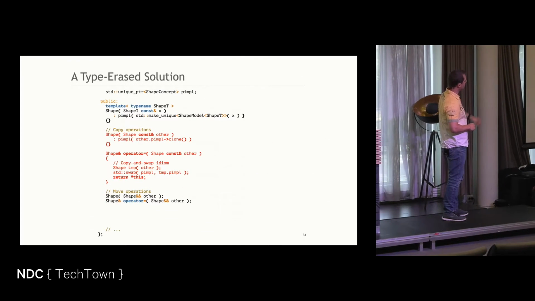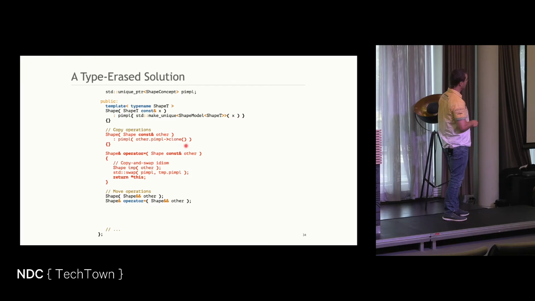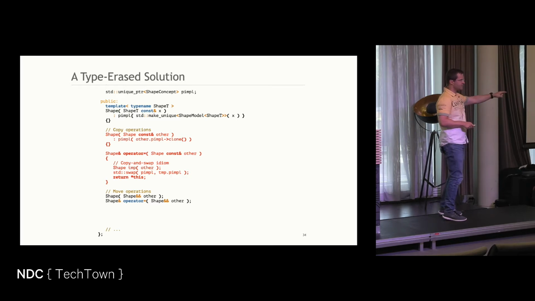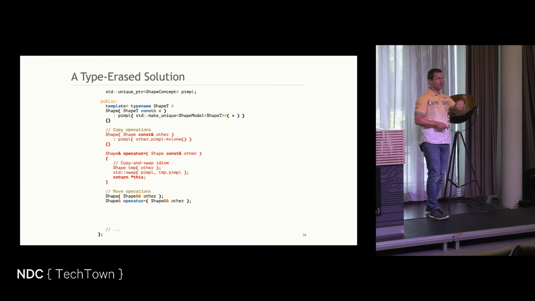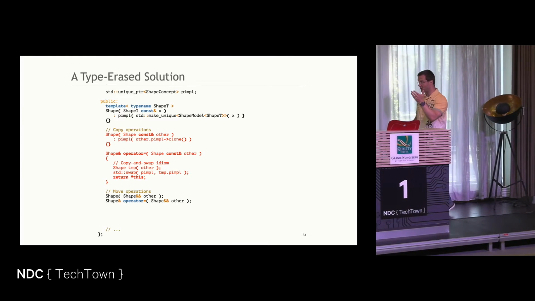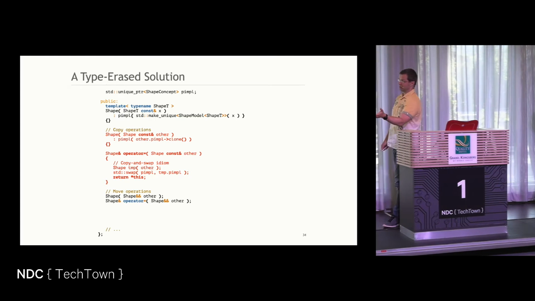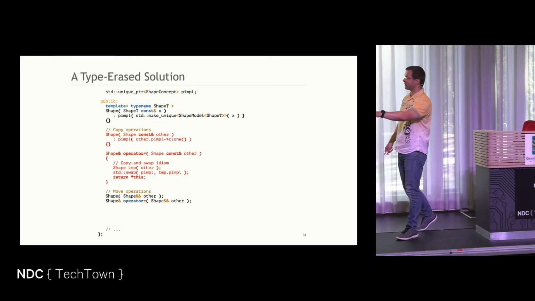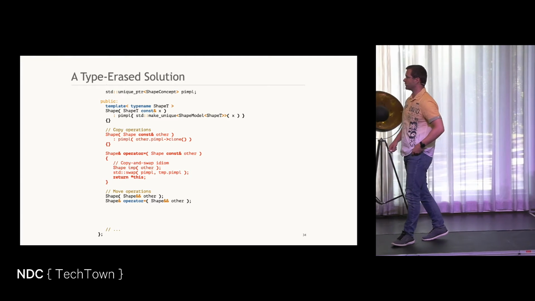So we can implement our copy operations by simply cloning. So I initialize my Pimple by simply asking the other pimple to clone itself. Please give me a copy. And then have an exact copy without even knowing what I actually have. As I said, could be a circle, could be a square, I don't care. I get an exact copy and I'm happy with this.